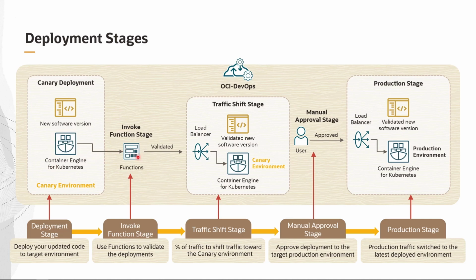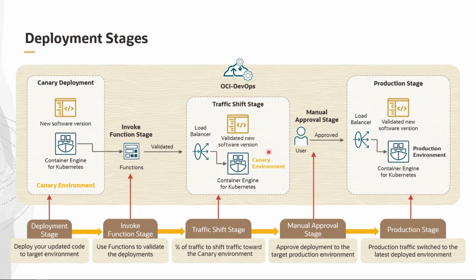You can optionally choose to have a custom function which can validate the new software version. And once validated, you move on to the traffic shift stage where you shift some of the user traffic to the canary environment where you have deployed the latest validated new software version.